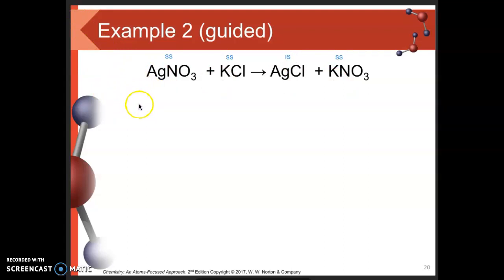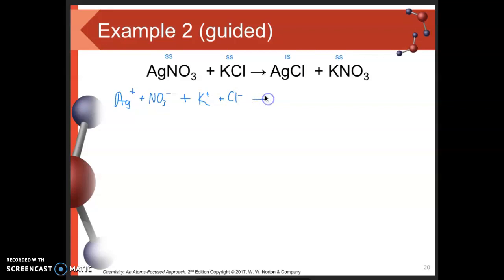And my ionic equation is going to have silver ion, Ag+, reacting with nitrate ion, NO3-, and potassium ion, K+, and chloride ion, Cl-.